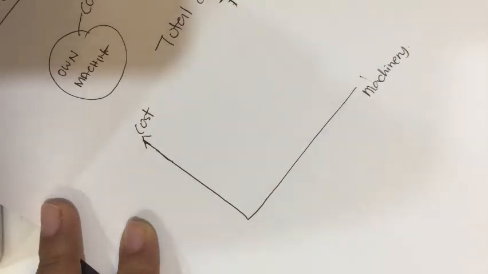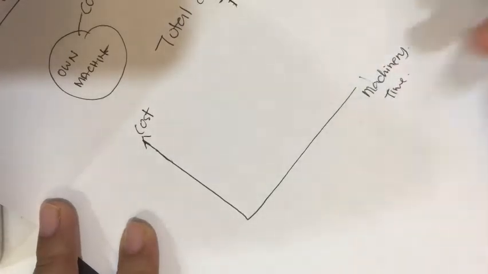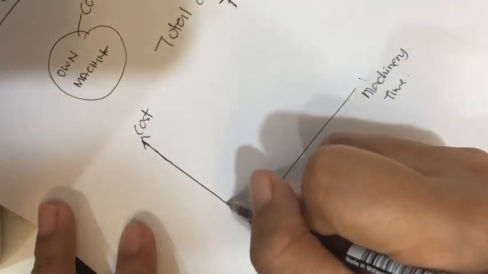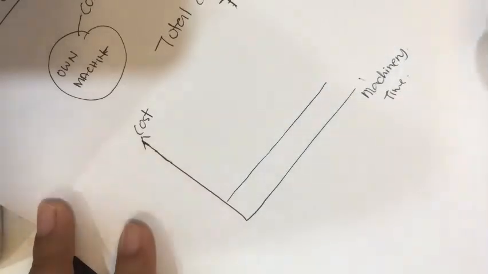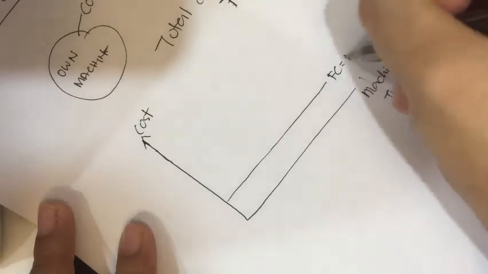When we call it a fixed cost, it means that there is no change over time, so the fixed cost is represented with only one straight line.